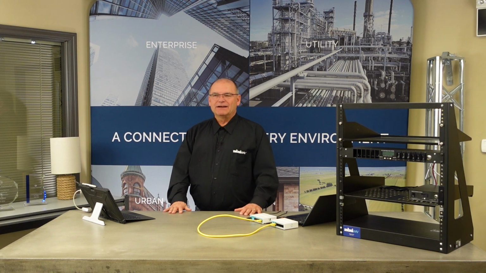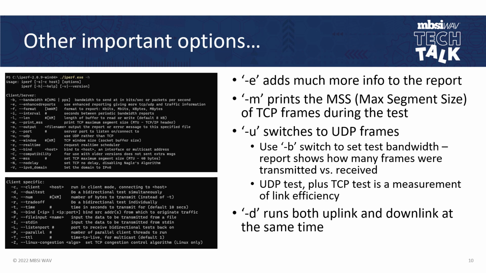All right, so I can have a simple report, which is just the throughput, or I can use the -e switch and add a lot more info to the report. One that I use all the time over wireless systems is the -m switch, which prints the maximum segment size of TCP frames used during the test.